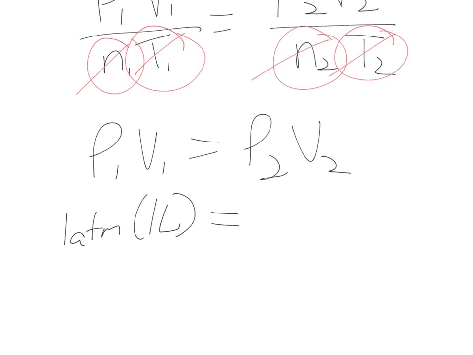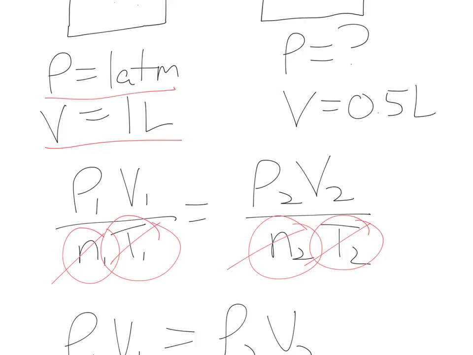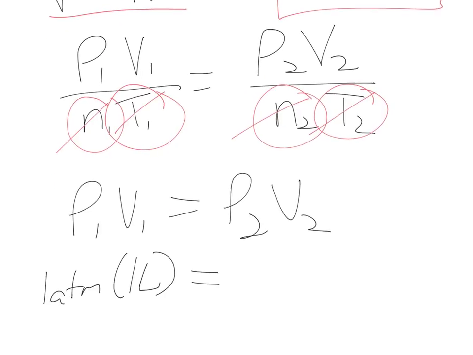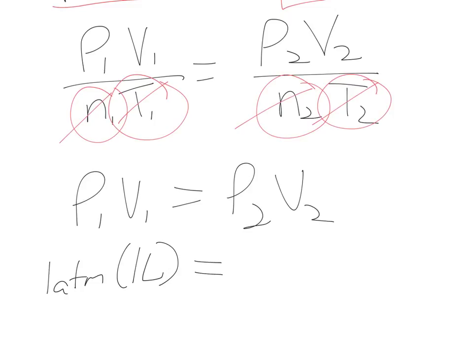Okay, now I'm going to look at my pressure 2, volume 2. Well, I don't have a pressure 2, but I do have a volume 2. So let's plug in what I do know. I know that my volume 2 was half a liter. So I'm just going to leave pressure 2 as a variable, just like you would in algebra.